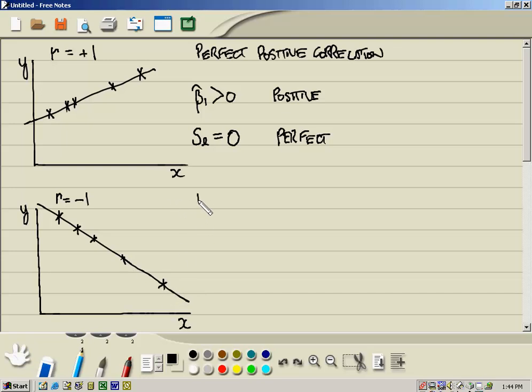So this is a perfect negative correlation. Alright, the slope of the sample regression is negative.